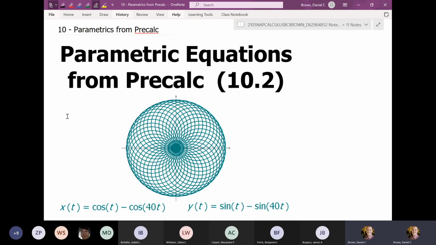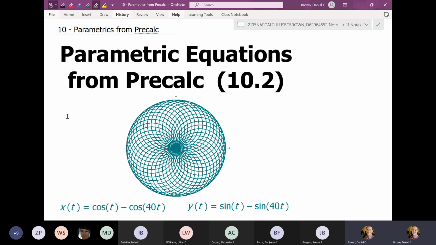And we'll talk about what that means. And then also sometimes these problems are just easier to do as a regular equation. So we'll remind ourselves how we can eliminate the parameter and write it as one that we're more traditionally used to.